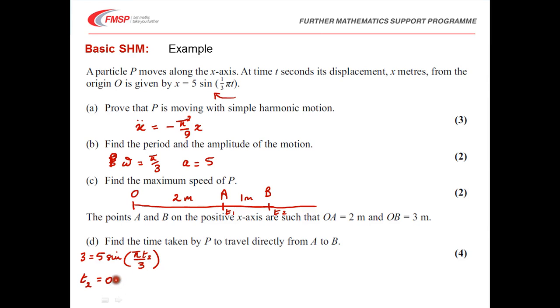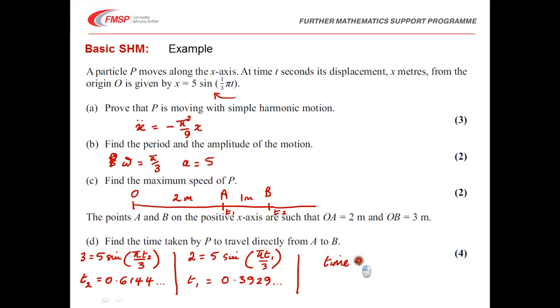T2, and calculator gives about 0.614, etc. Keep that nice and accurate in your calculator, and do the same for point A. So at A, 2 equals 5 sine pi t1 over 3. And again, using your calculator to solve that gives t1 0.3929-ish. And then the time that you're looking for is the difference between those two. And again, watch the rounding on your calculator. If you're going to go to 3 significant figures, I think that comes out 0.222 seconds. And that's to 3 SF.